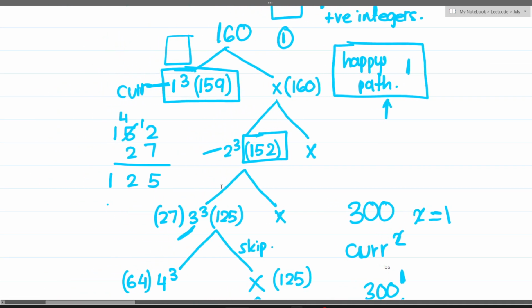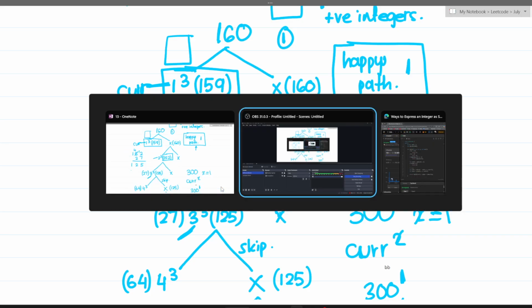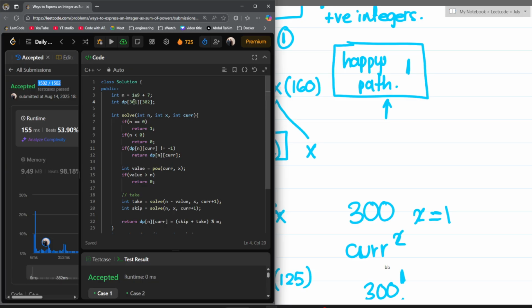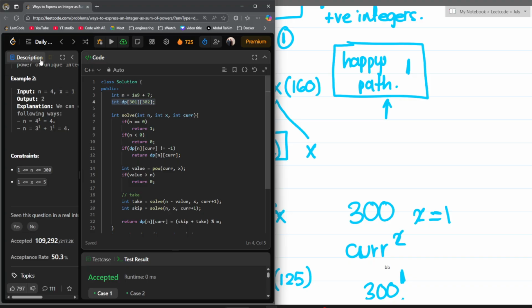But since we are caching it, we bring that to a very simple n into n. And the reason I'm saying n into n is because we have these two parameters that we have to care about. And since this is the only extra space that we are taking apart from the recursive stack space, the space complexity is also O of n square in this scenario.